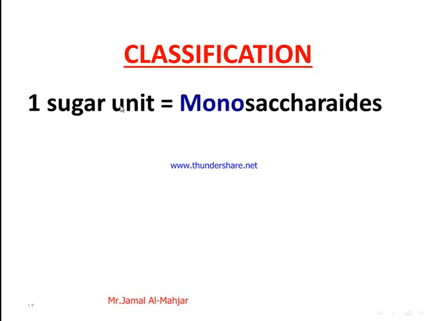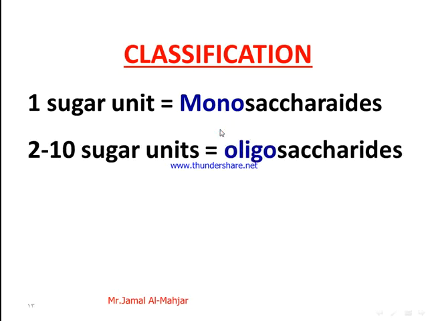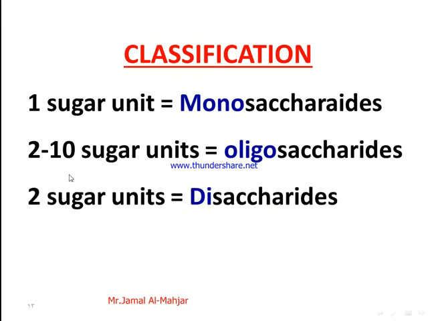If we have one sugar unit, it is a monosaccharide. If we have from 2 to 10 sugar units, we call them oligosaccharides. If we have only 2 units of monosaccharides, we call them disaccharides. So we will study disaccharides, not tri or tetra and so on.